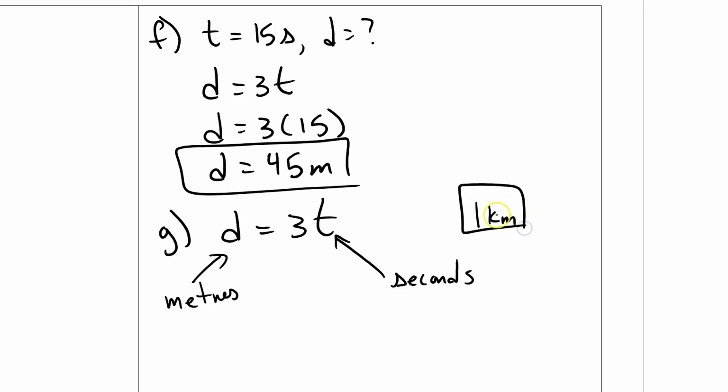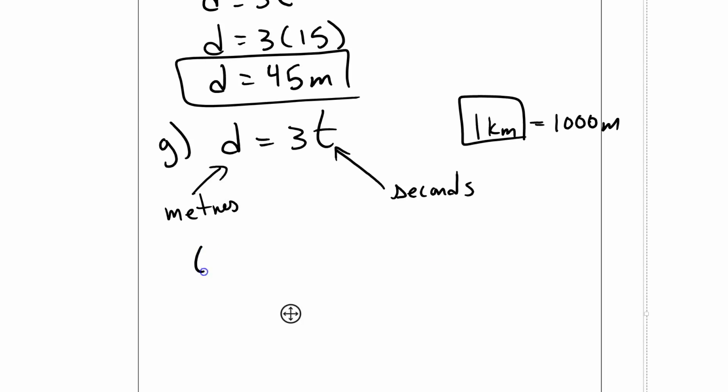So we need to convert that kilometer into meters. And there are 1,000 meters in 1 kilometer. So instead of putting in 1 for our meters, we're going to put in 1,000 because there are 1,000 meters in 1 kilometer. So I have 1,000 equal 3 times T.